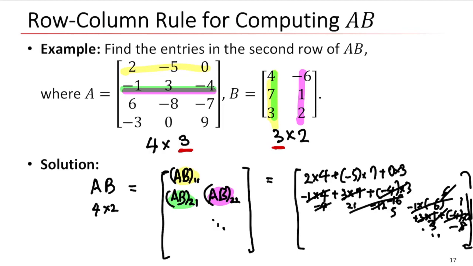So this one will be 5, and the 2,2 value is 1. Okay, so you can find the entries in the second row of A times B, something like that. You can find every entry yourself using a similar way.